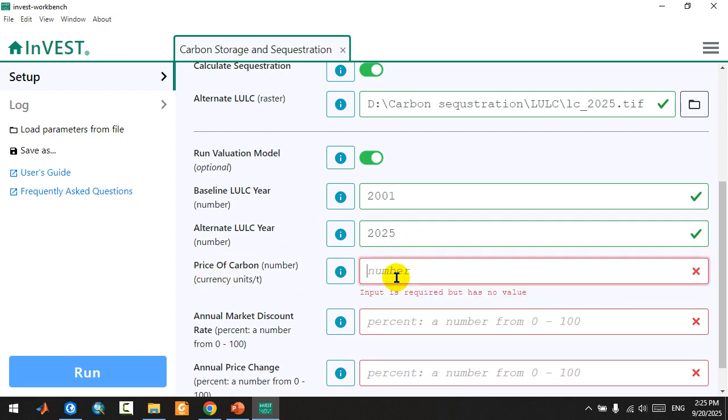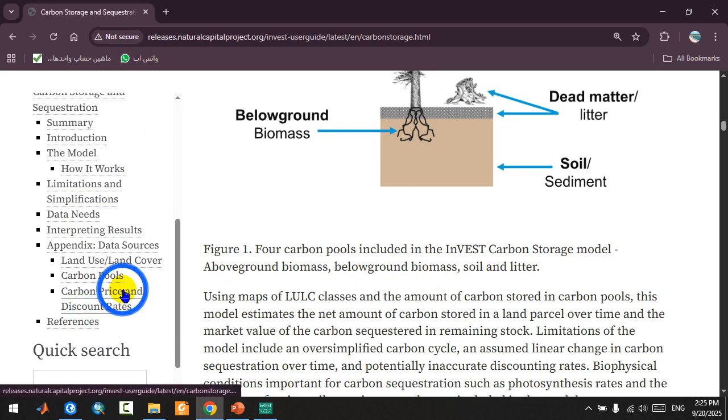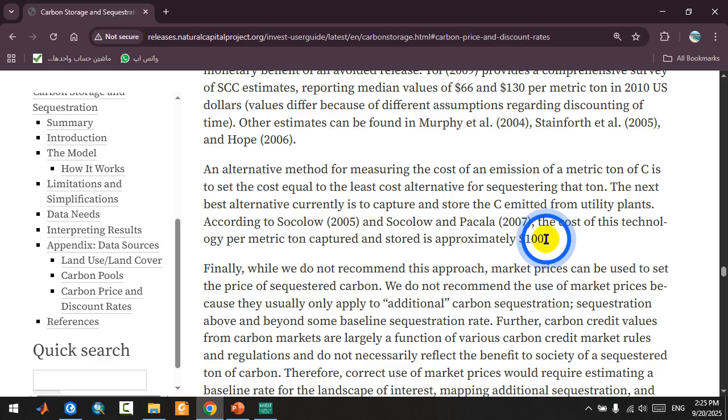Price of carbon in the InVEST and Stanford University carbon price. This is $100 per metric ton of captured carbon.